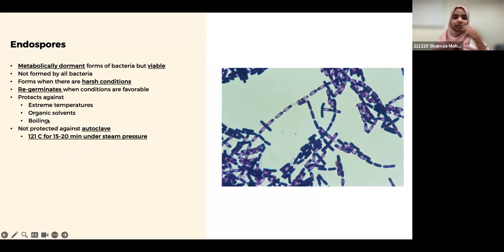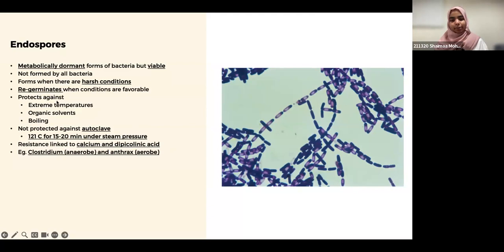Otherwise, these other things are not going to kill an endospore. It's going to be living, it finds a good condition, and it can regerminate instead of dying, okay? The resistance of an endospore is linked to it having calcium and dipicolinic acid, okay? So these might be related to why an endospore is very resistant.